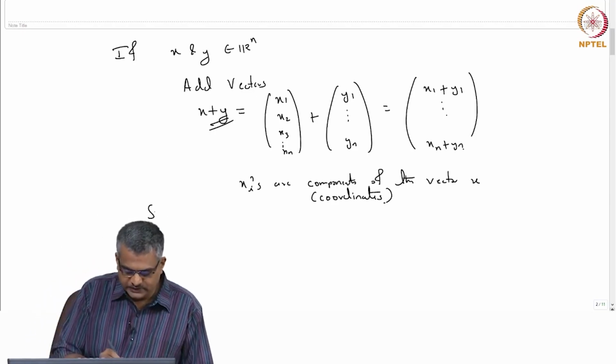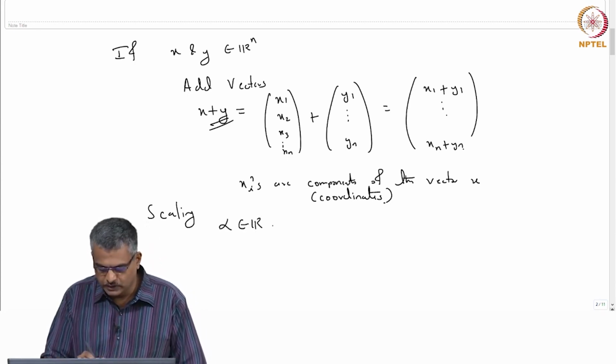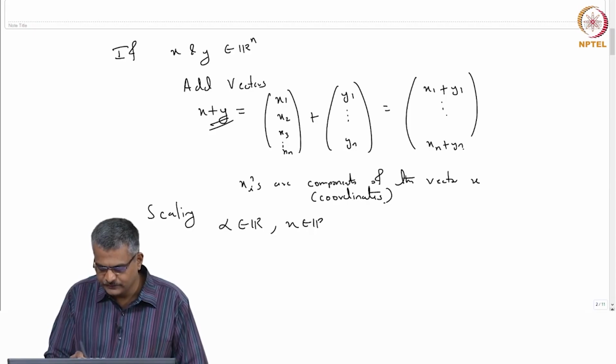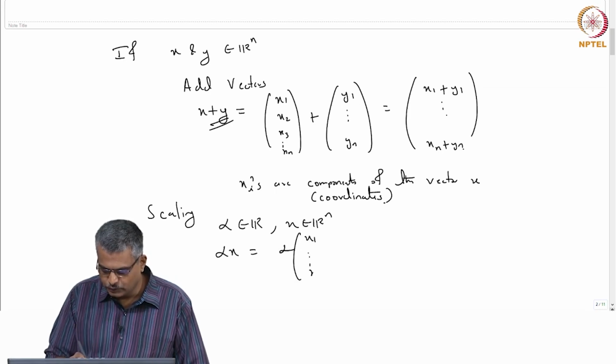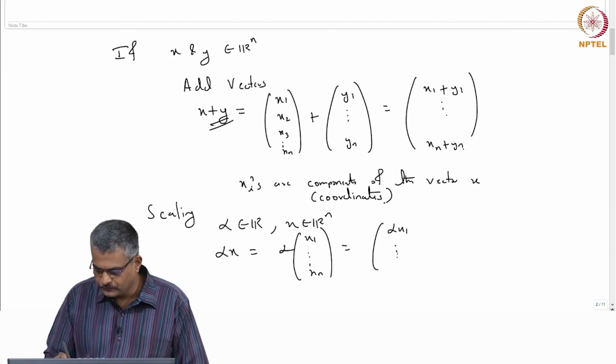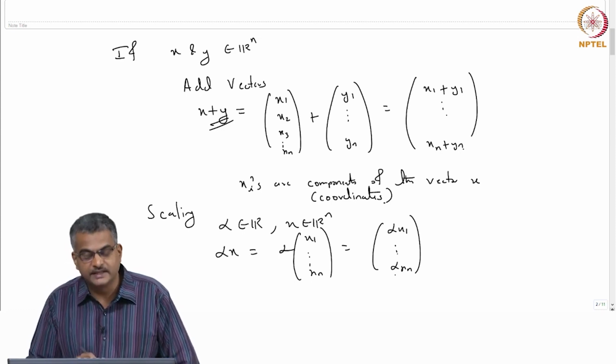One can also do scaling. So alpha is a scalar belonging to the real numbers and x is a vector. You can scale the vector by scaling each of the components. This is how scaling is defined.